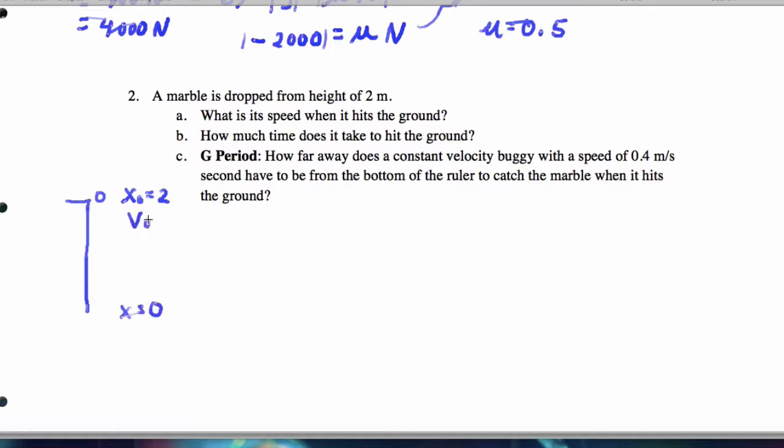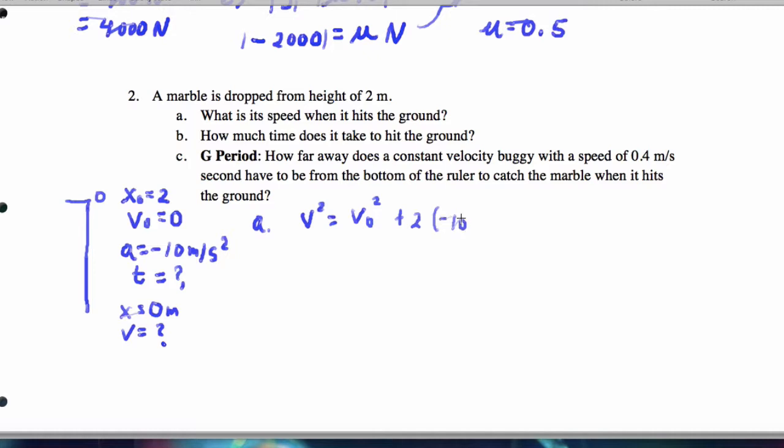It starts from rest. We don't know the final speed. We know that a is -10 meters per second squared. We don't know the time, so since we don't know the time, let's go ahead and use v squared is v naught squared plus 2 times -10 times x minus x naught.